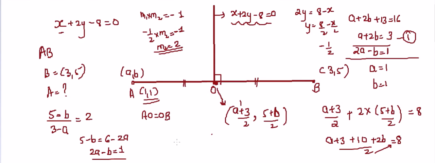If it's meeting at O, then O is the midpoint. Applying the midpoint formula, we'll get one equation in terms of a and b. Second is perpendicular, so whenever two lines are perpendicular, we need to apply m1 m2 equals minus 1. Apply that, and then you'll have two equations in terms of a and b. You solve the simultaneous equations, you'll get the values of a and b. This is the required answer.